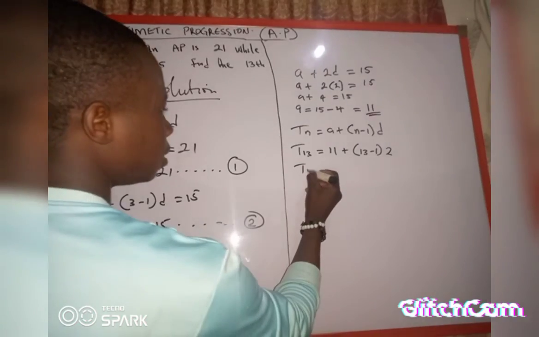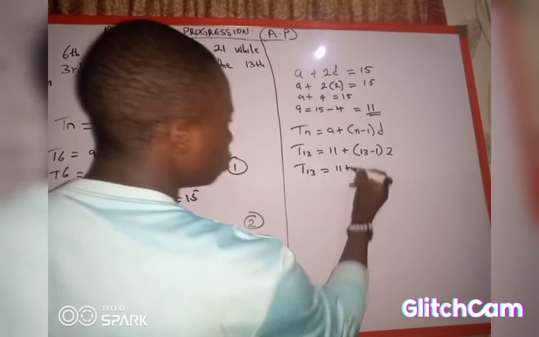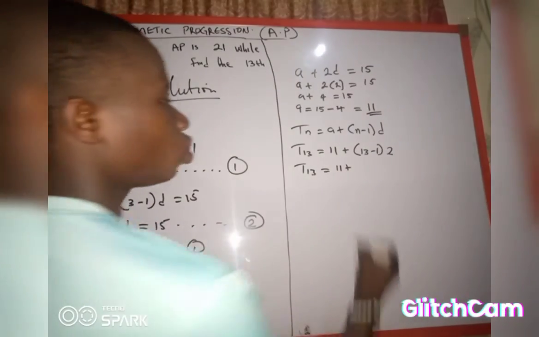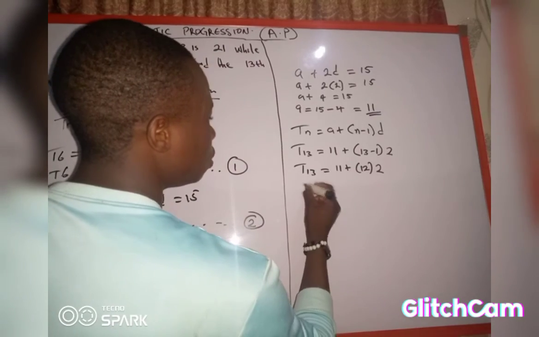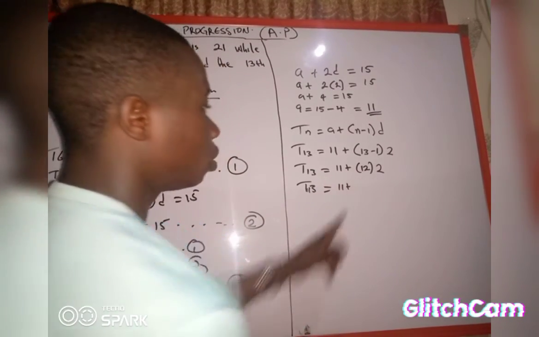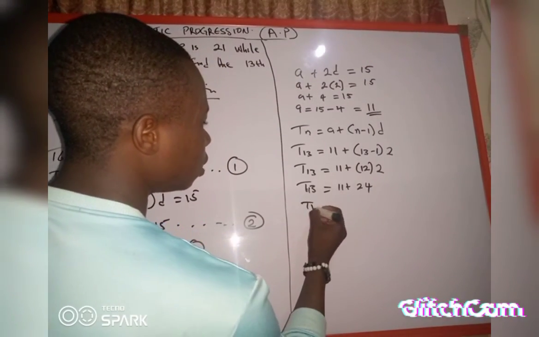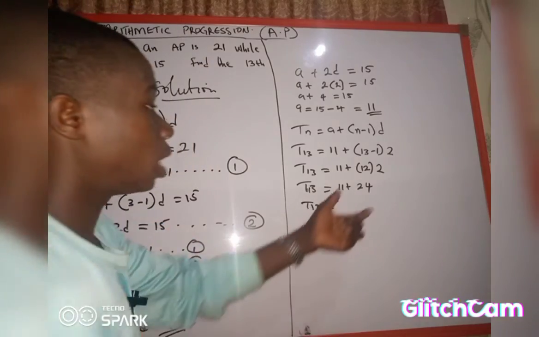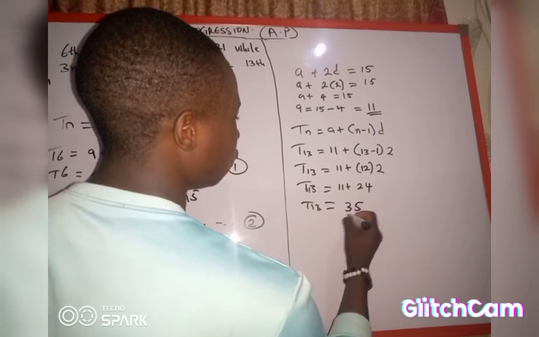So T13 now is equal to 11 plus 13 minus 1, which is 12, times 2. So T13 equals 11 plus 12 times 2, which is 24. So T13 equals 11 plus 24, which gives us 35.